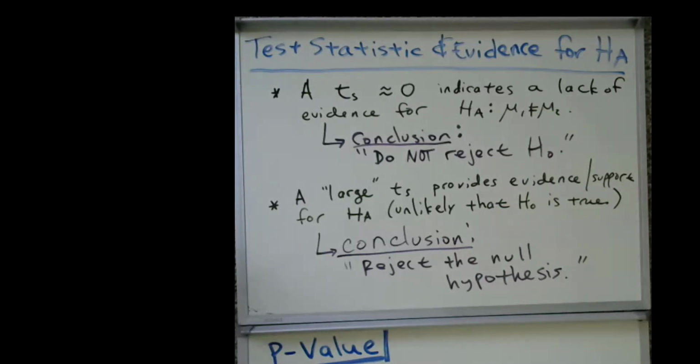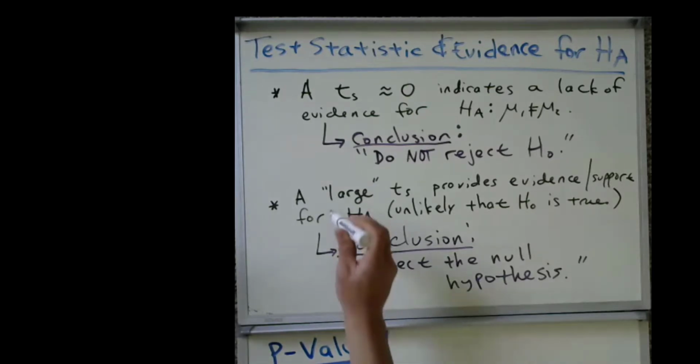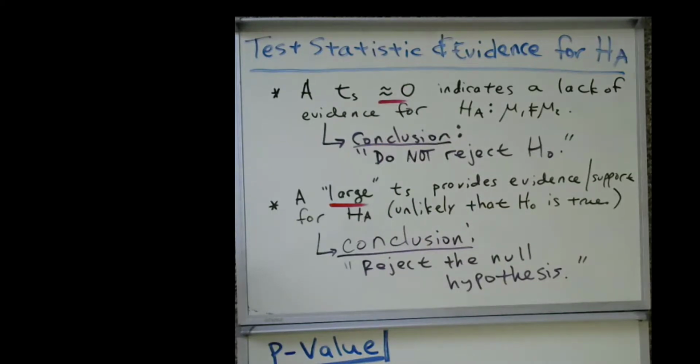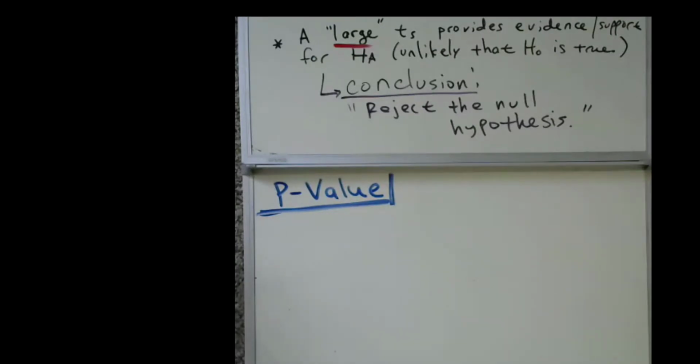So what does it mean for a test statistic to be large, or what is near zero actually, what values does this imply? This is quantified by the p-value. P is short for probability, and this corresponds to a hypothesis test. This is a t-test that we're talking about. So this is a probability within the t distribution in some location.